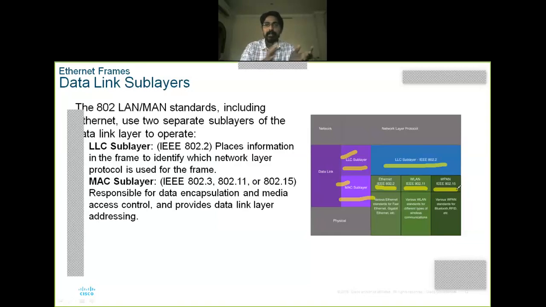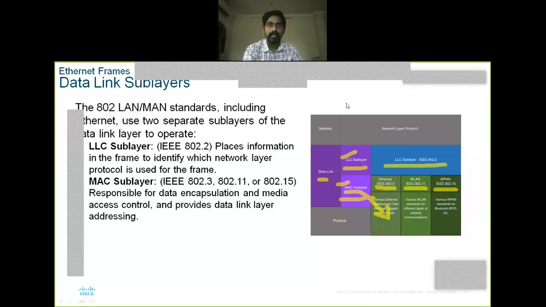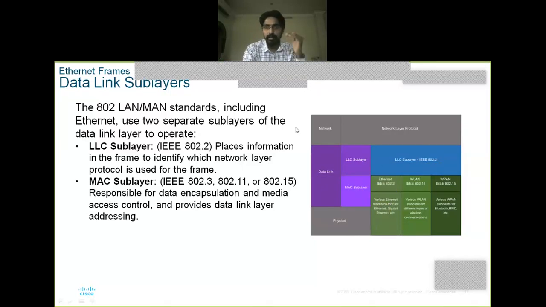By media access control, it controls the physical device. Under the data link layer, the MAC sublayer has the capability to access the physical device, the network interface card. These are the two main goals of the data link sublayers.